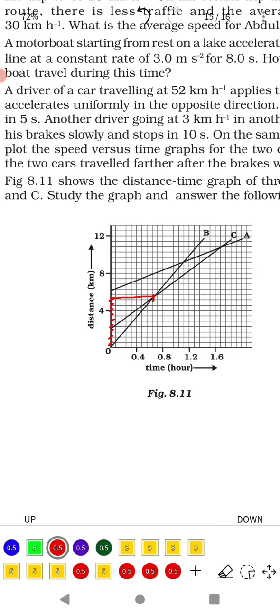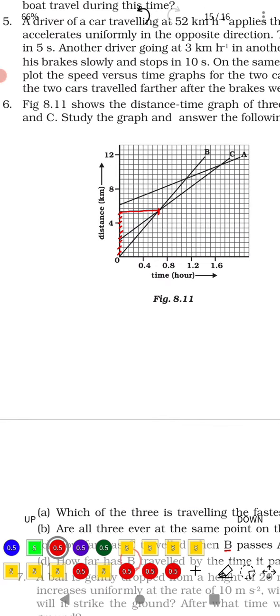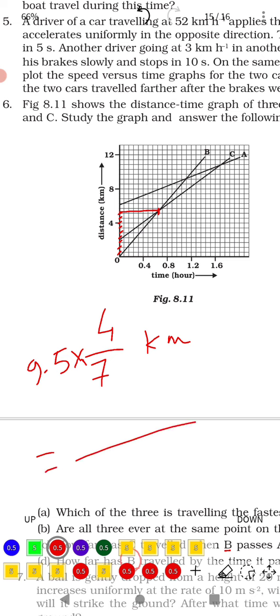In some book it is 9, but I will take it as 9.5. So 1 division equals how much? You know that, 4 by 7. Then this is 9.5 divisions. So now you calculate 9.5 into 4 by 7 kilometer. 1 division is 4 by 7, so 9.5 divisions will be 9.5 into 4 by 7. So this part you can calculate. Find out this value.